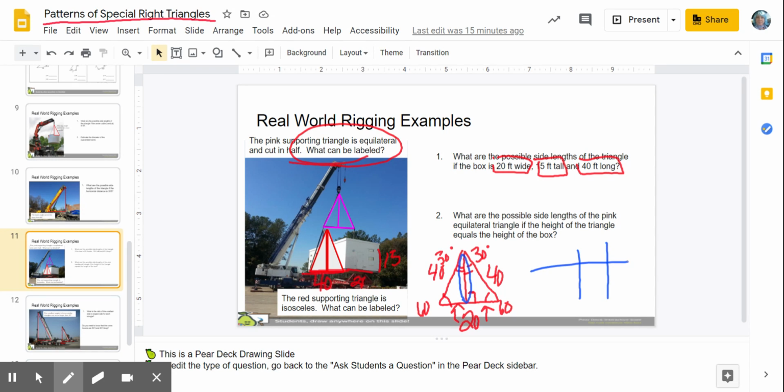So what can I put in my hashtag here? 30, 60, 90, x, 2x, x on the square root of 3. Where do I put the 20 and where do I put the 40? I know my drawing got a little crazy.